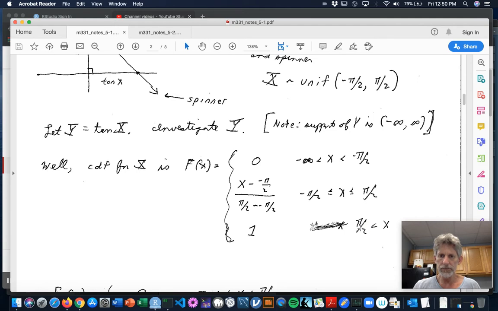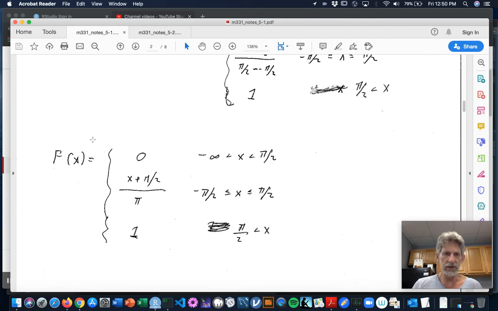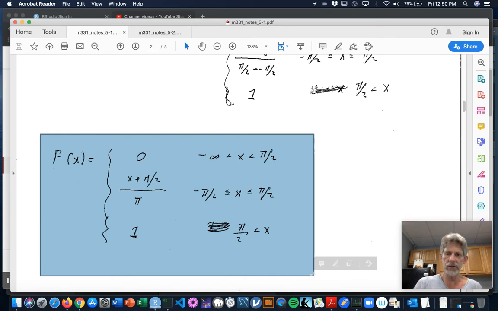But in between the bounds, it's the x value minus the lower bound, divided by the upper bound minus the lower bound. If I simplify that a little bit, I get the CDF for capital X.